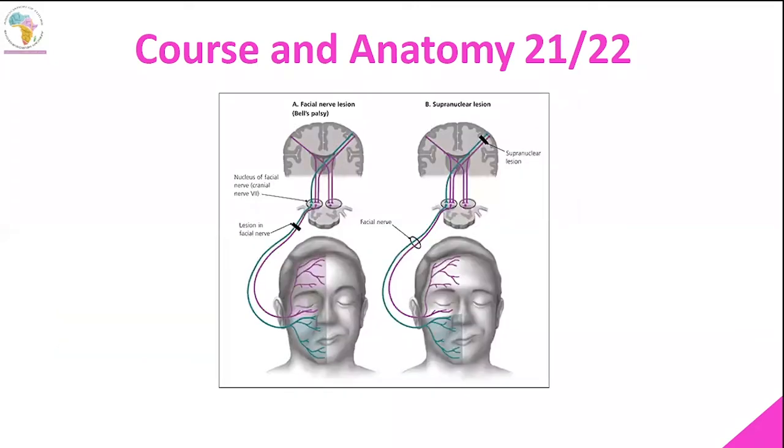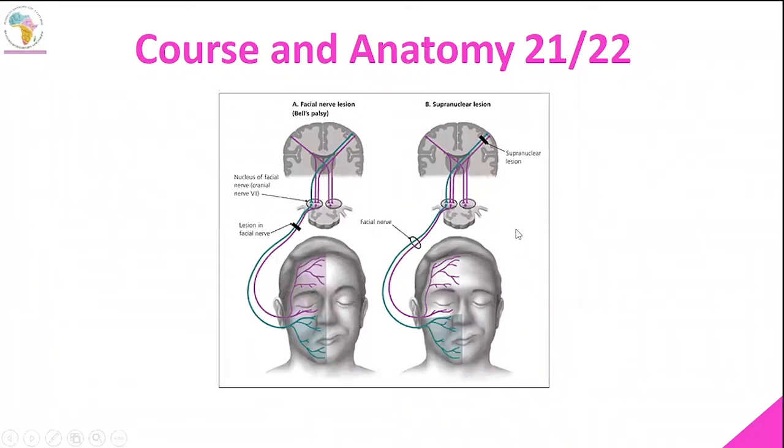Yes, the one on the right has a supranuclear lesion, which means for example there's a lesion in the precentral gyrus. Okay, so from what we have seen here, the neurons are originating from the corticobulbar area, as you had explained. So why is it that in a stroke patient, the forehead muscles are not affected? In Bell's palsy, the forehead muscles are affected.